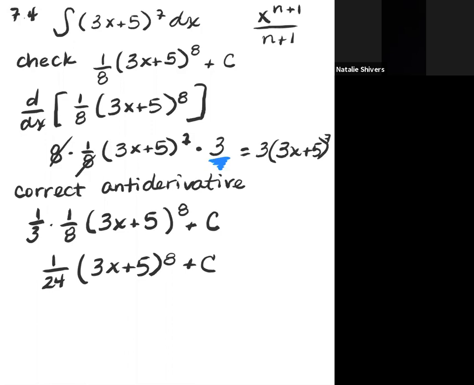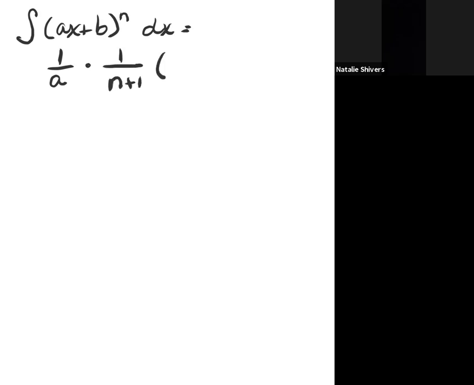The book does give us two rules that you are welcome to use, if you know how to use them or you want to work on learning them. The first one works for the one that we just did. The integral of (ax+b)^n dx gives you 1/a, to counteract the derivative on the inside, times 1/(n+1) times (ax+b)^(n+1) plus c.